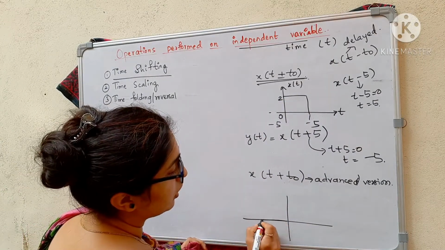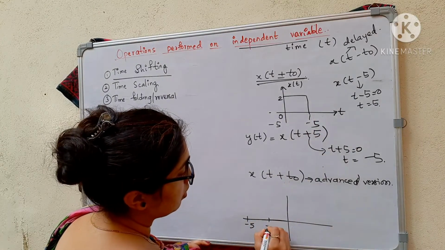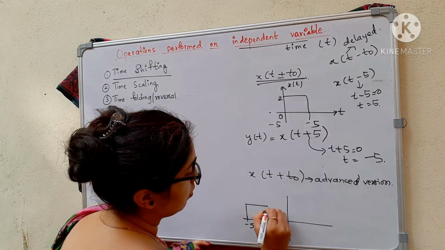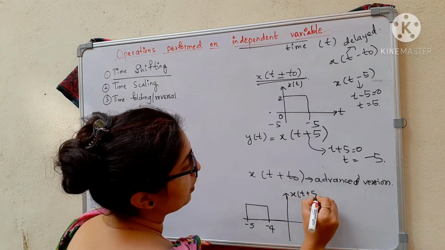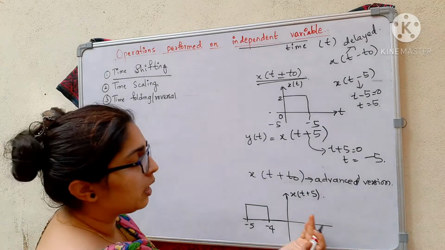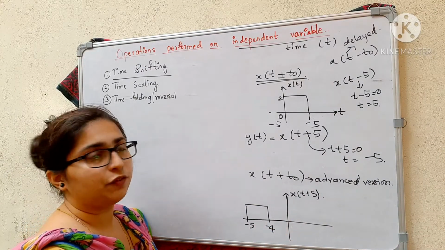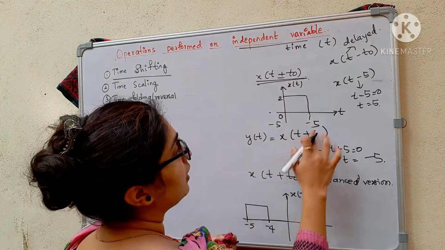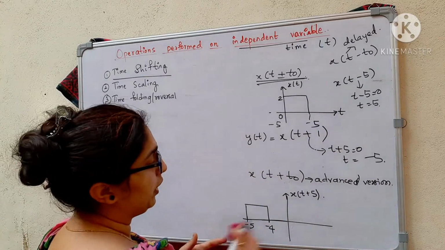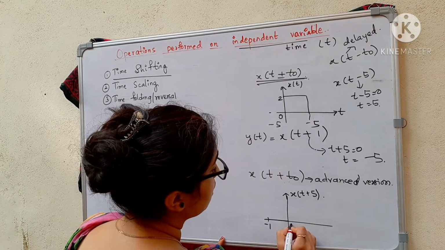It will be shifted by minus 5. This is x of t plus 5. It will come by 5 units towards the left side. If you had x of t plus 1, then it was by 1 unit: minus 1 to 0.